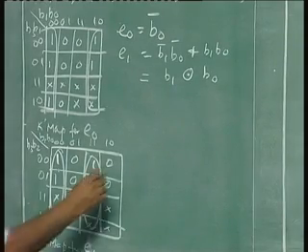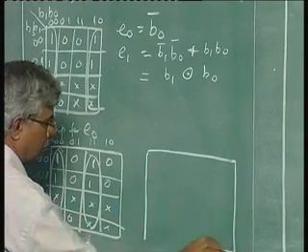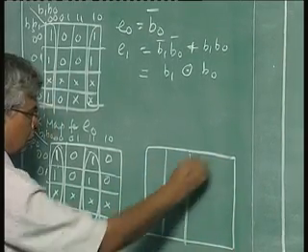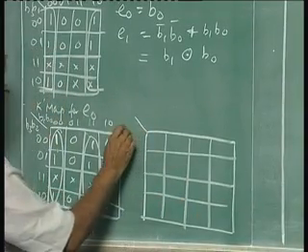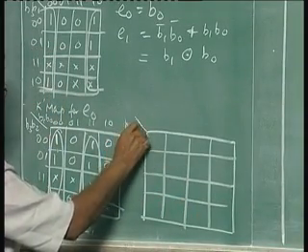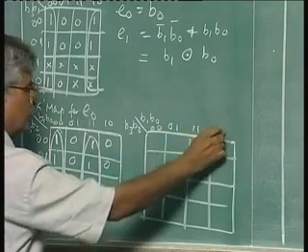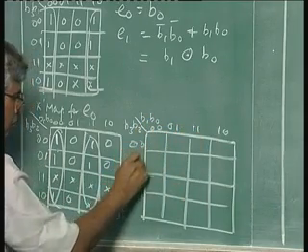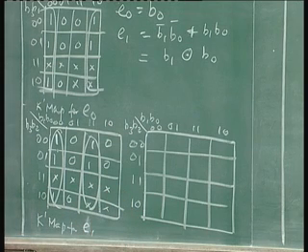Now the third one we will draw here. Zero. Now the third row, third column, E2 column has to be written.